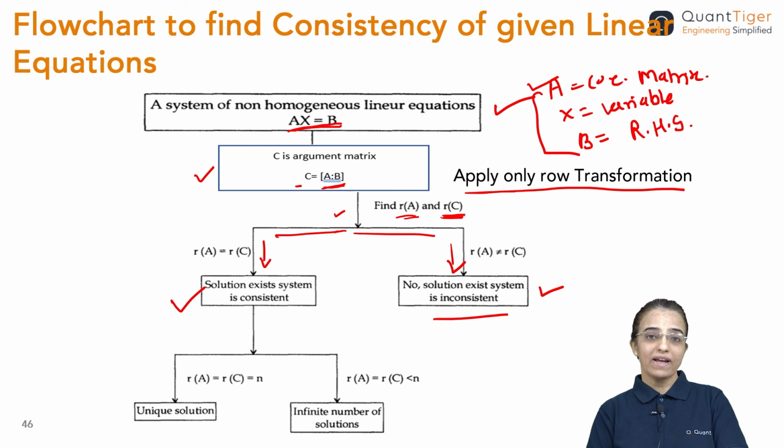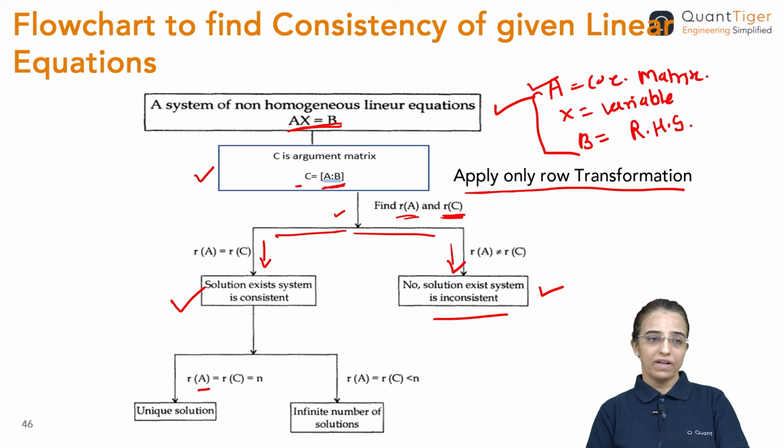But if we find the system of equations consistent, then the next step is how many solutions exist. That depends on the row rank.